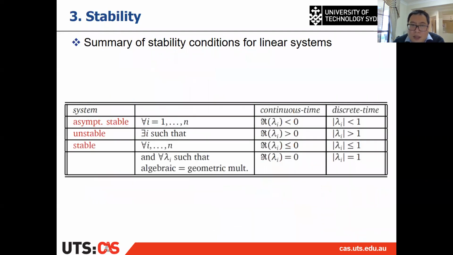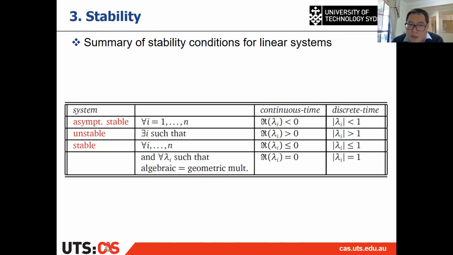All right, then this is a summary about the stability conditions for both continuous time system and discrete time system. The similar things are, first, it only depends on the matrix A. And the second thing is, it depends on the eigenvalues of A. Those two things are exactly the same, but the criteria are different.